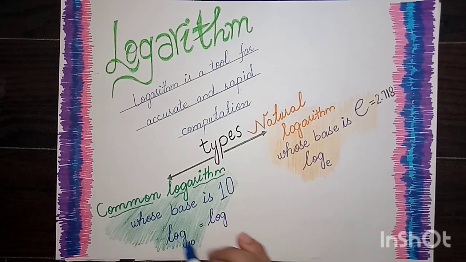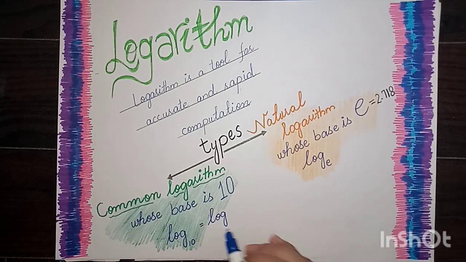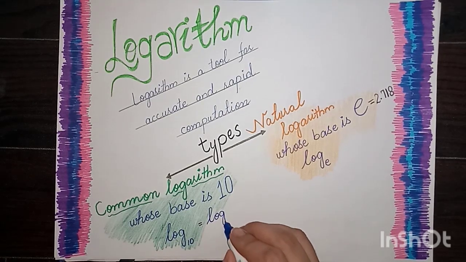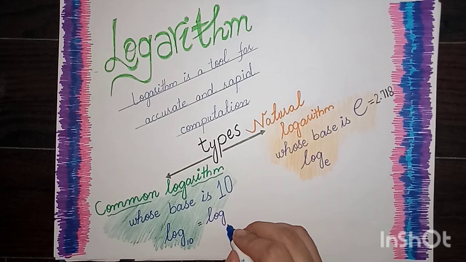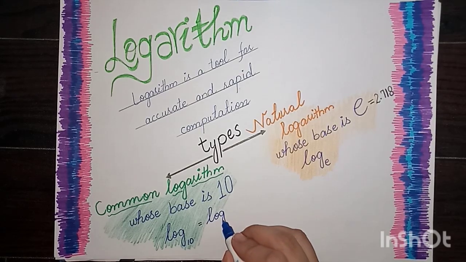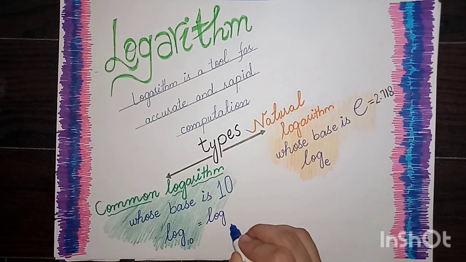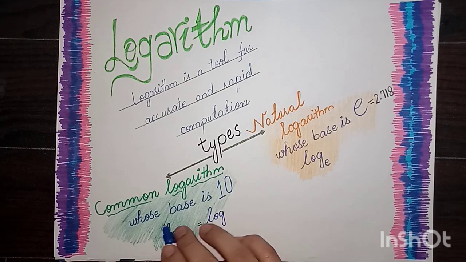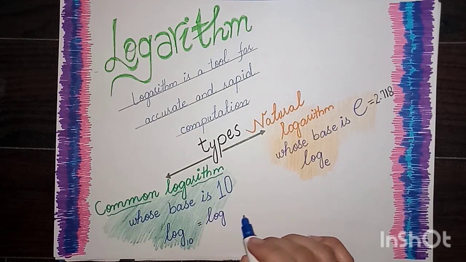If we write log of 10 as log whose base is not written, it means to say that its base is equal to 10. So this is called common logarithm.